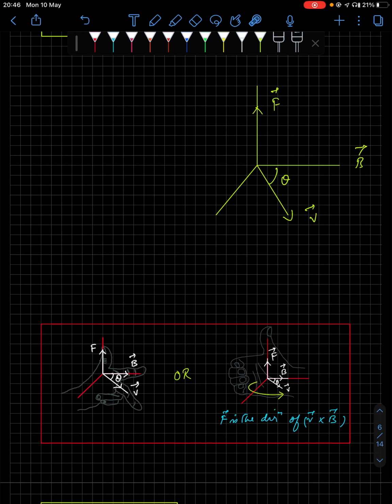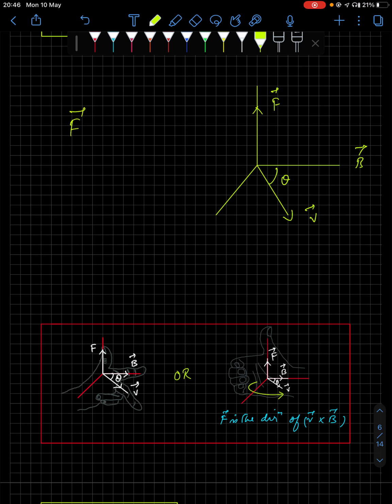Fleming's left-hand rule has been covered in the previous topic. Now you can see the right-hand rule. In the right-hand rule, if your fingers curl from the V vector to the B vector, then the thumb will show you the direction of the force. Let me write down the relation to understand that better.